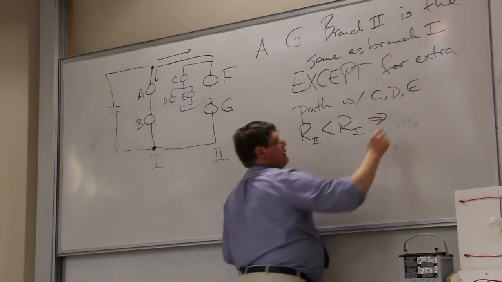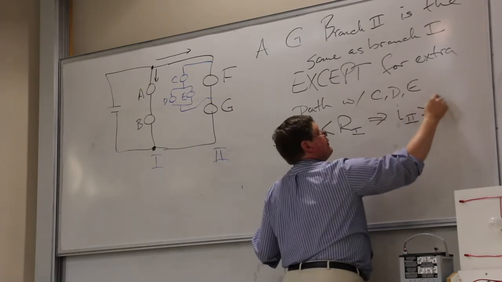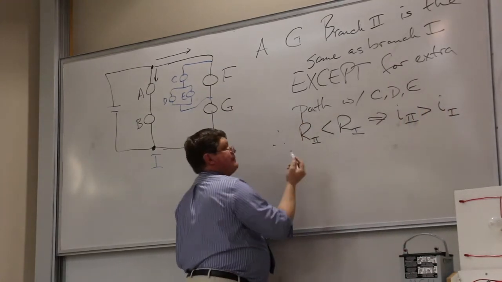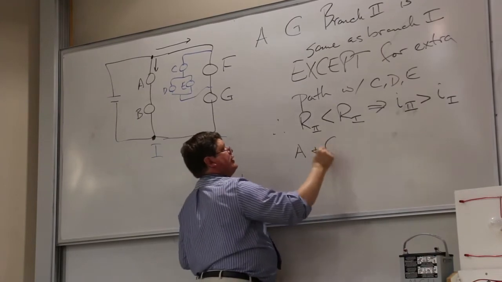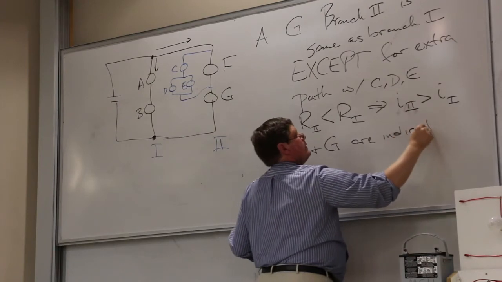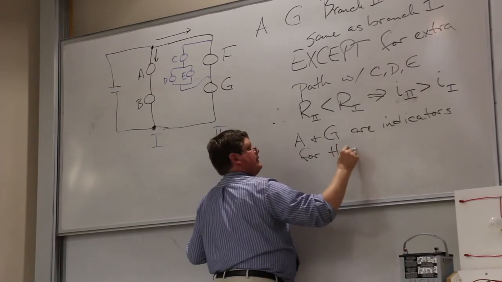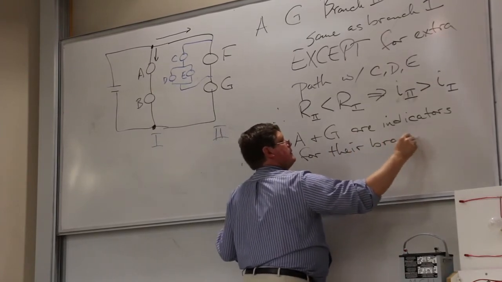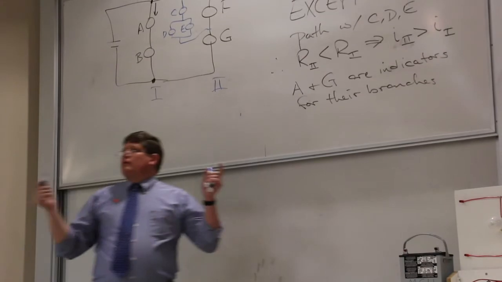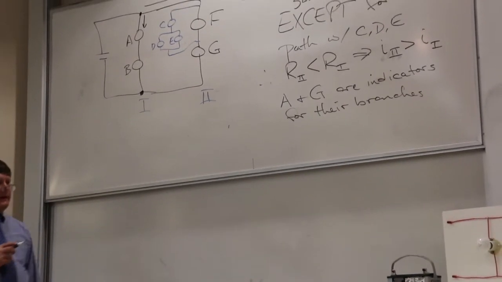By V equals IR, the current through 2 is going to be greater than the current through 1. And the last step would be A and G are indicators for their branches. Now, if you left off that last step, we'd probably give you full credit, just assuming that that was obvious to you. But that would be a perfect answer right there.